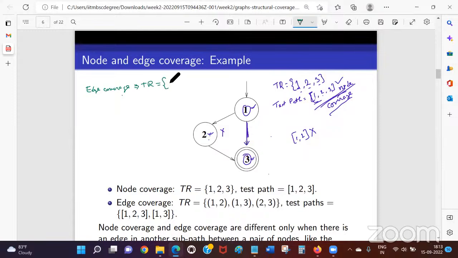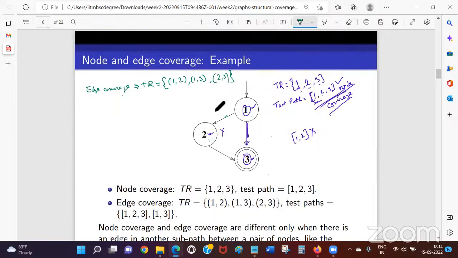My test requirement, I say I have to test the path 1, 2, right? So this is the path I need to test for. Then I have to test the path 1, 3. And I have to test the path 2, 3. So these are the 3 paths that I need to test.